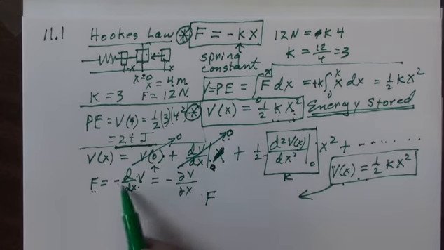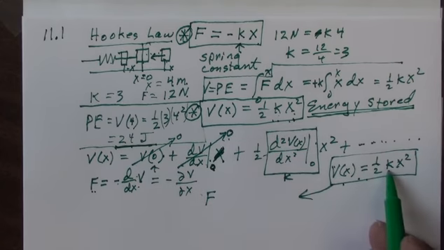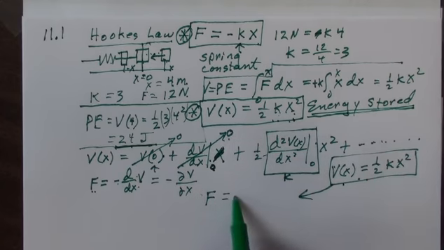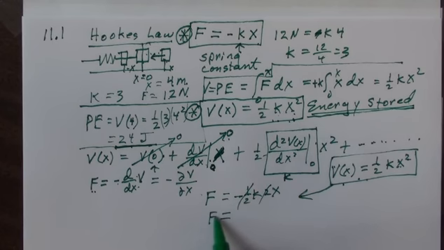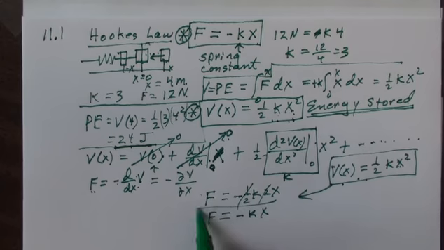If I take the negative of the derivative with respect to x, then I'm going to end up with a minus 1/2 k. The derivative of x squared is going to be 2x, and that's it. The 2 cancels with the 1/2, and I end up with a force that's equal to minus k times x.